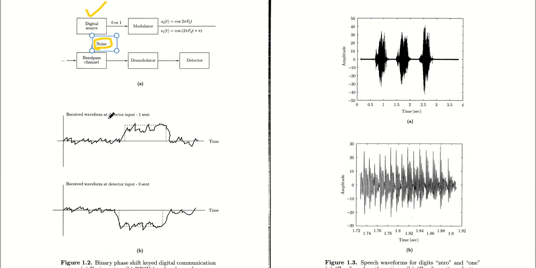So let's see, if 1 is sent, then ideally you are expecting something like that, right? This is an ideal case, but as we say many times, there is disturbance and noise, so it couldn't be that perfect.